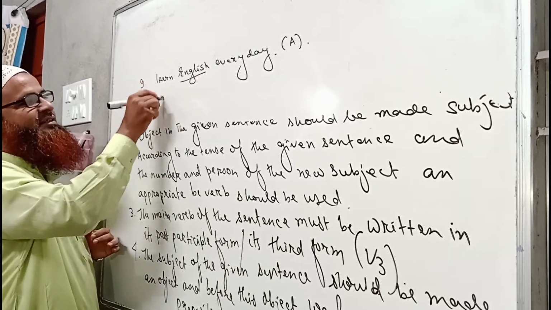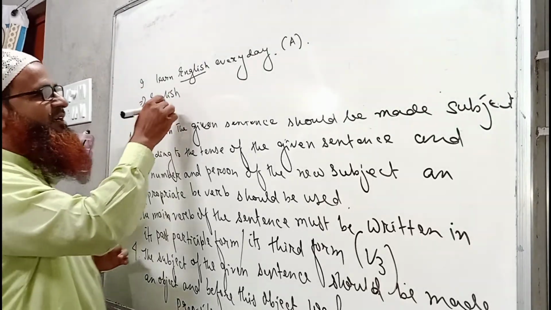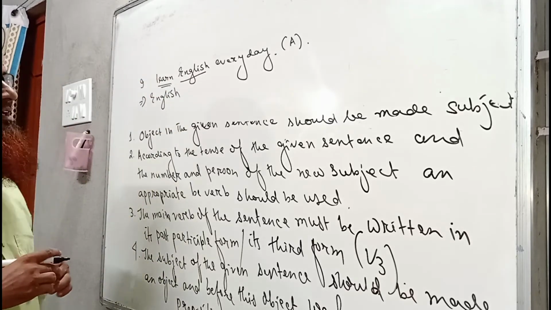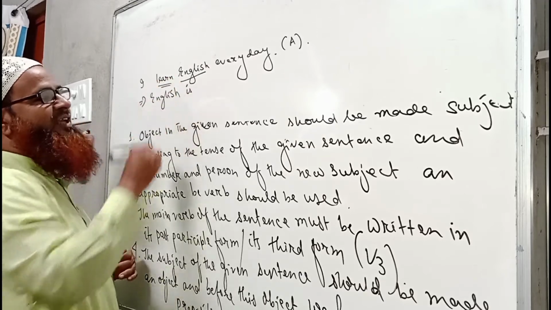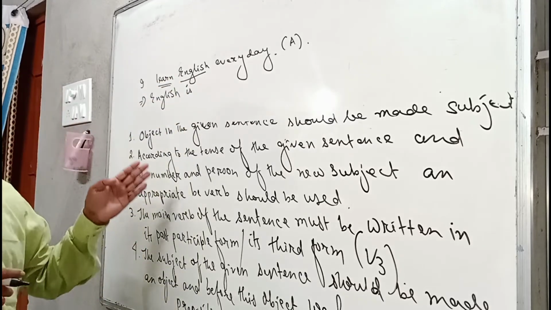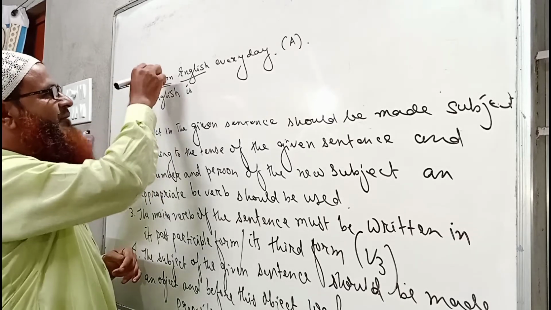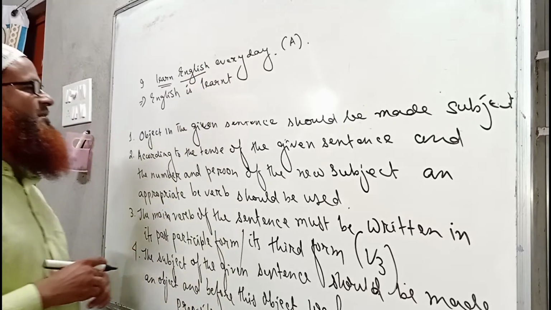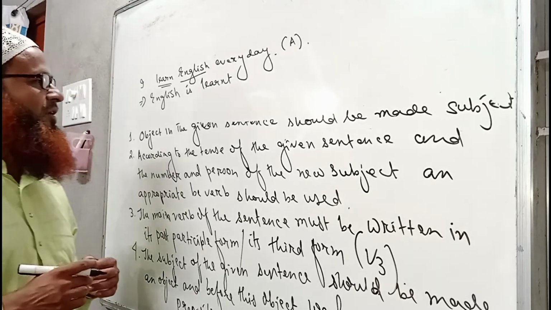So English, the object, must be used here as a subject, and here the verb is learn and it is in present tense. So in present tense, is will come, the verb here is. Then we have to use the past participle form of the verb. So it will be learnt, or we may use learned also.